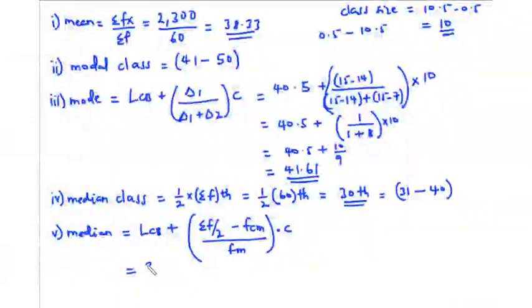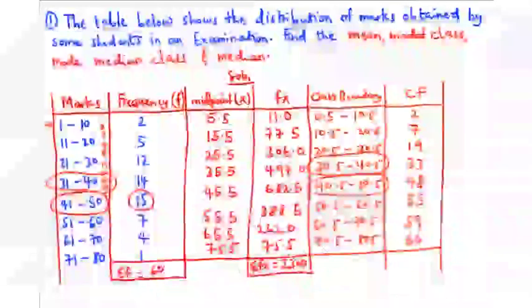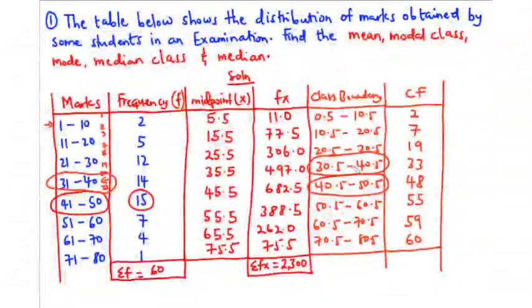So we write 30.5 plus summation of f divided by 2. Now summation of f is 60, so divided by 2 is 30. So we have 30 minus. Now FCM is the cumulative frequency before the median class. So when we visit the table, the cumulative frequency before the median class is 19.